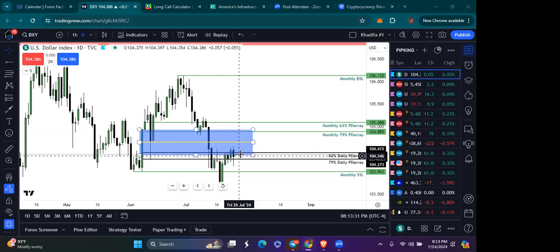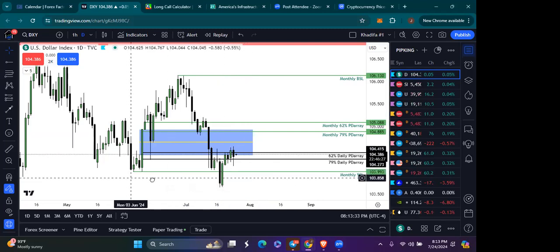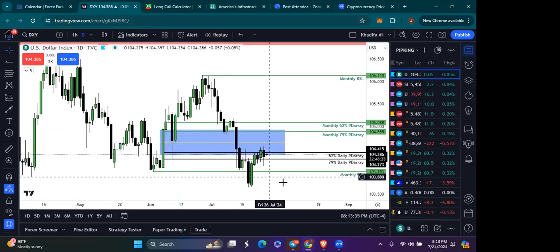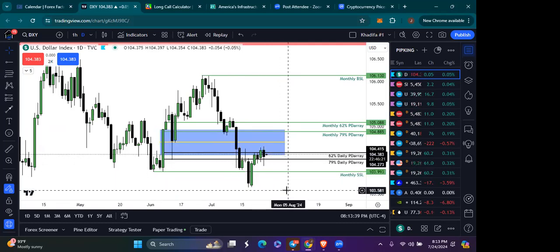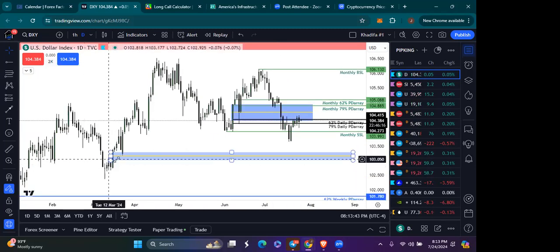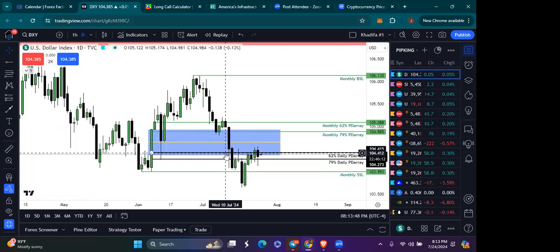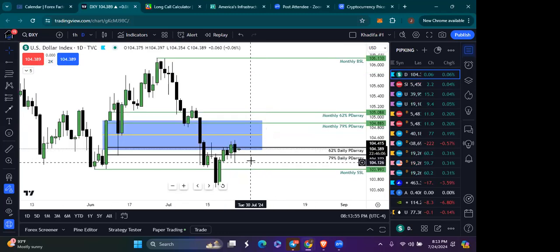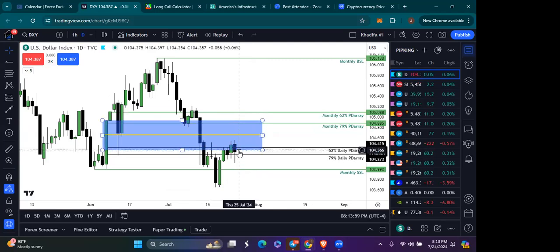Cool beans. My bias for the dollar is to continue lower. I want to see us continue lower to reach down into this imbalance that we see to the downside. But there are confirmations that I need to see before I would run with shorting the dollar to the downside, right?